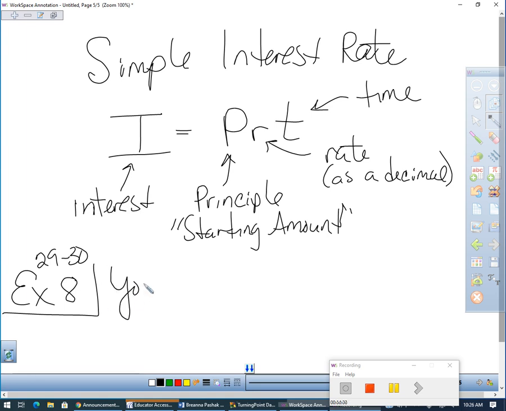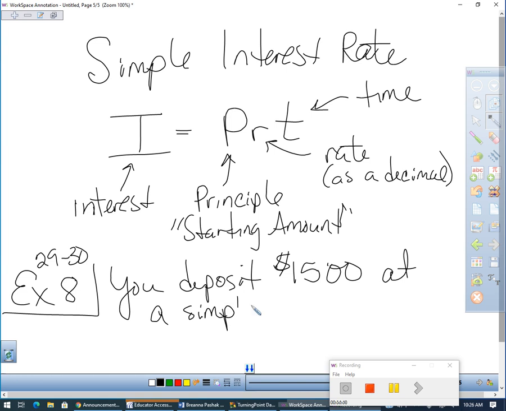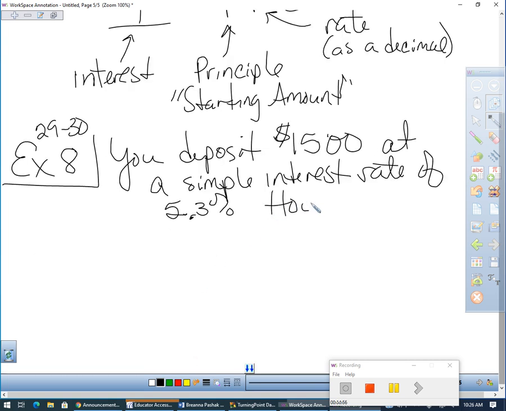You deposit, let's say, $1,500 into an account at a simple interest rate of 5.3%. How much will you have in 10 years?